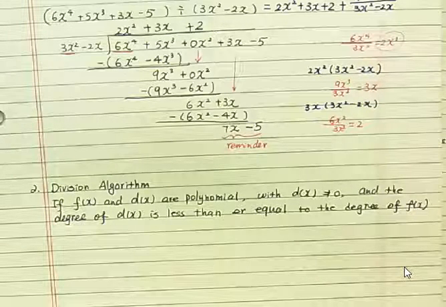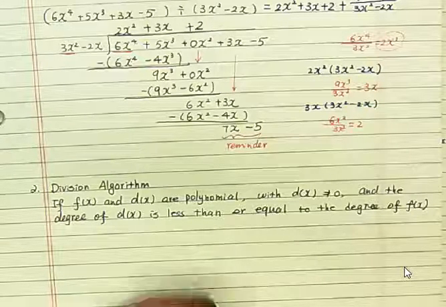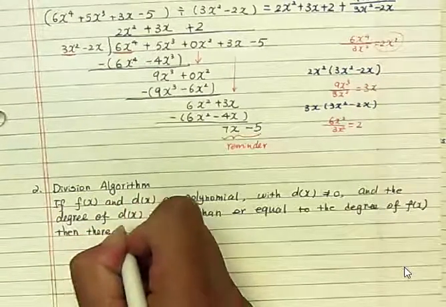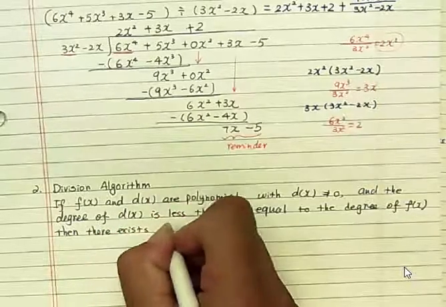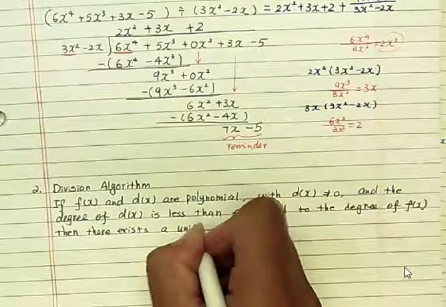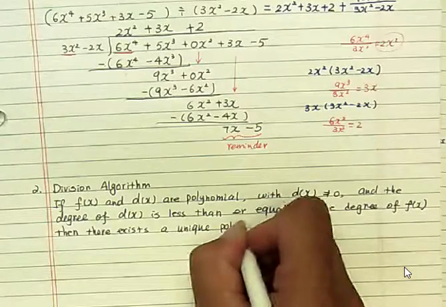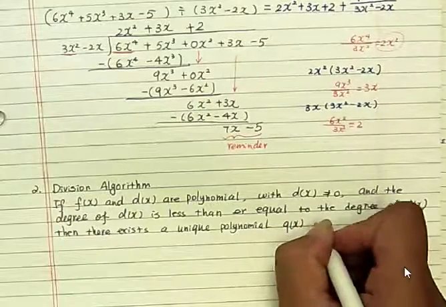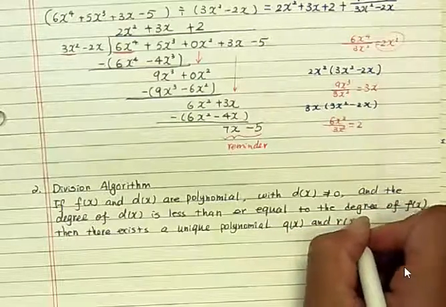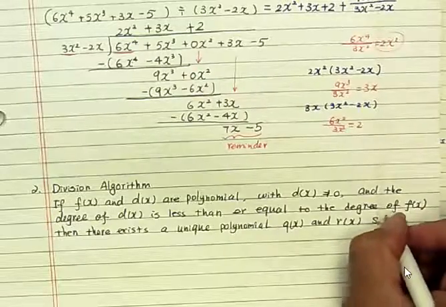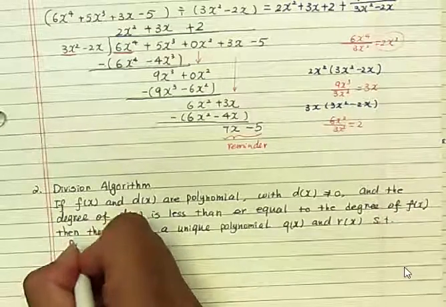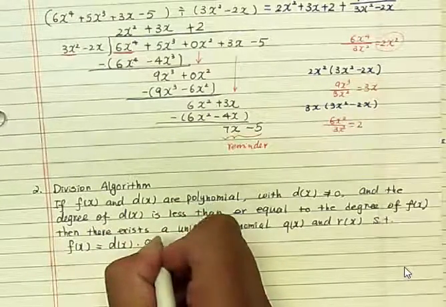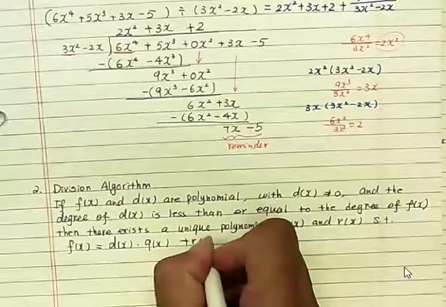Okay, so then we say that there exist a unique polynomial q of x and r of x such that f of x is equal to d of x times q of x plus r of x.